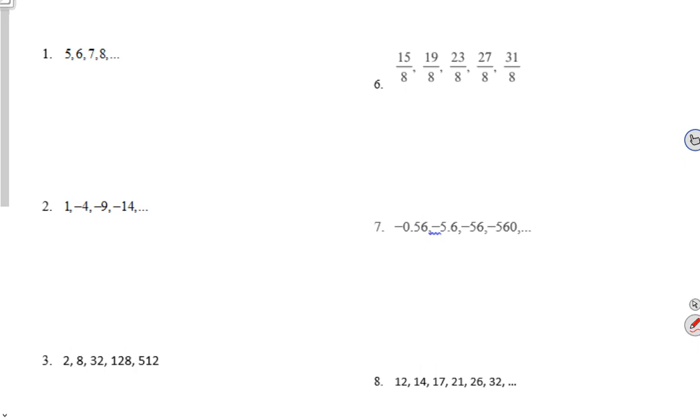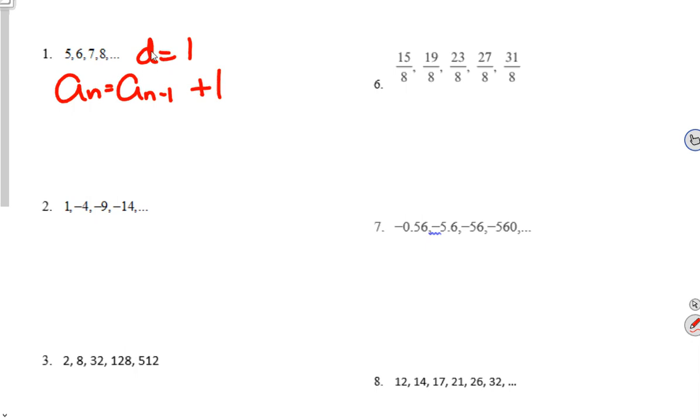All right, so number 1, we have 5, 6, 7, 8. So we have a common difference, so d equals 1. And we're going to write this in sequence notation. In sequence notation, it's a of n equals a of n minus 1 plus 1.